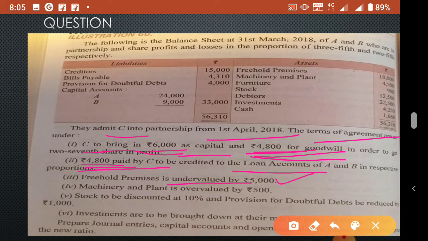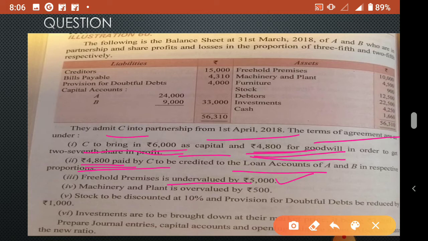When they say undervalued by 5,000, you have to take it as an increase in the value of the asset. If the sentence is undervalued to 5,000, then you have to take the difference.